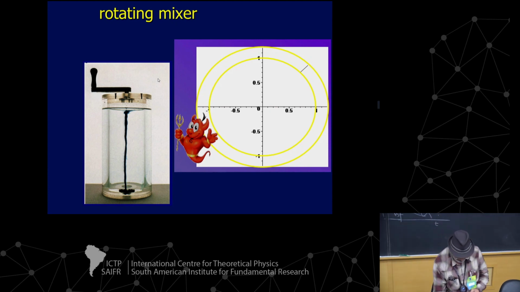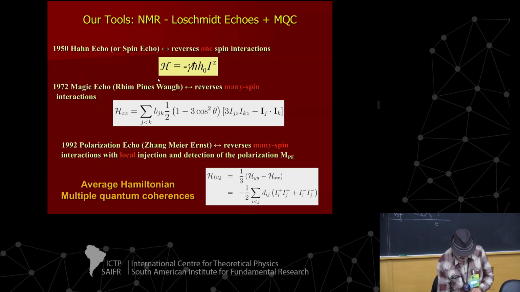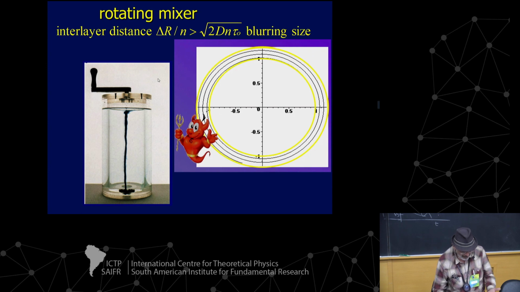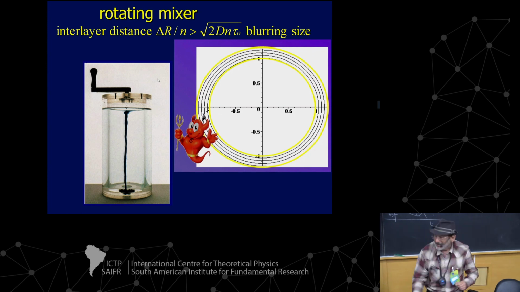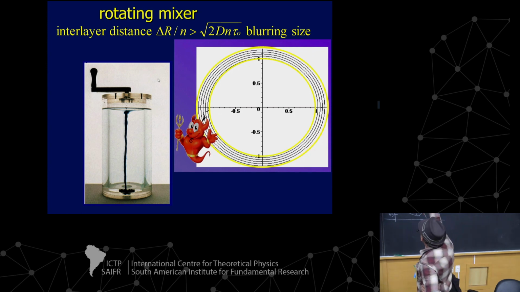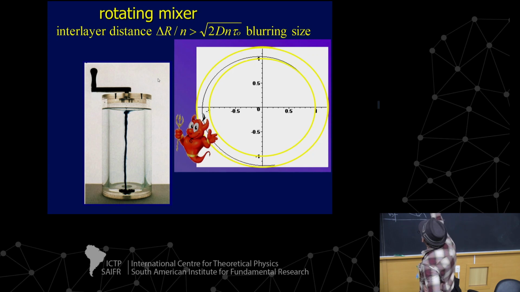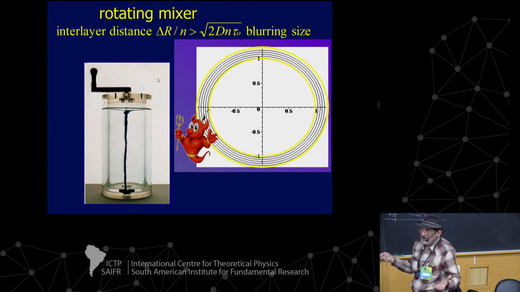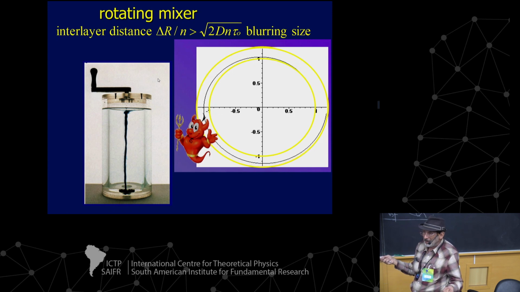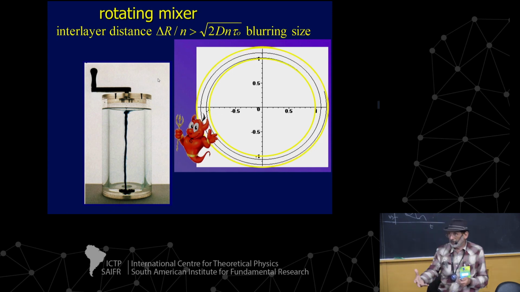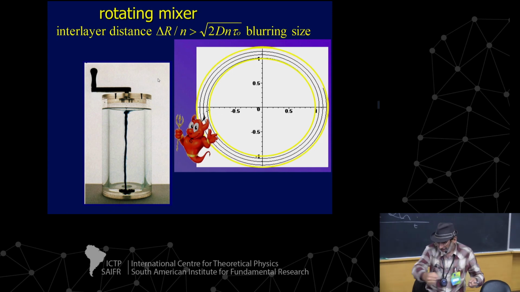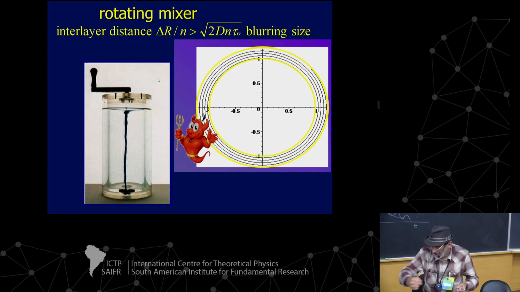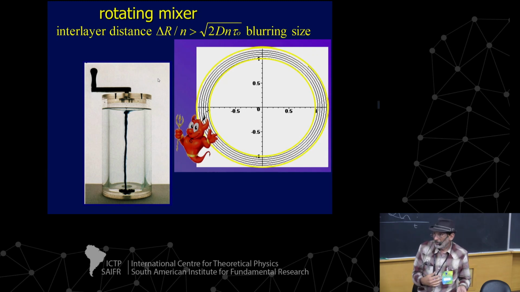If the distance between those rings divided by n is bigger than the diffusion length, then it will be completely mixed, blurred out, and you will not be able to come back. So for me, the many-body dynamics, that is the chaos, does this mixing. Once you do the mixing, you are not able to come back.